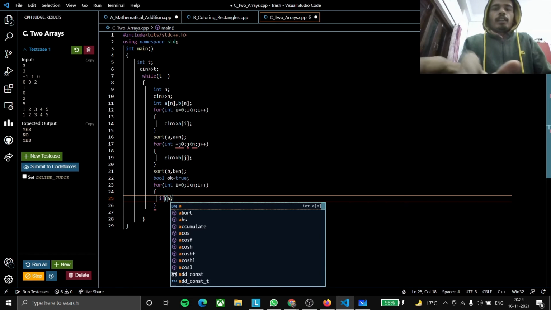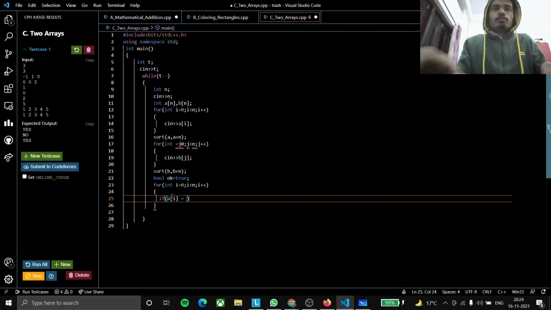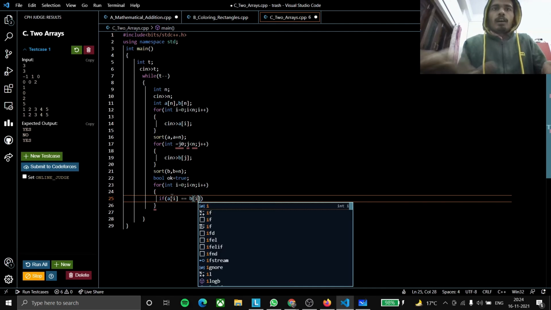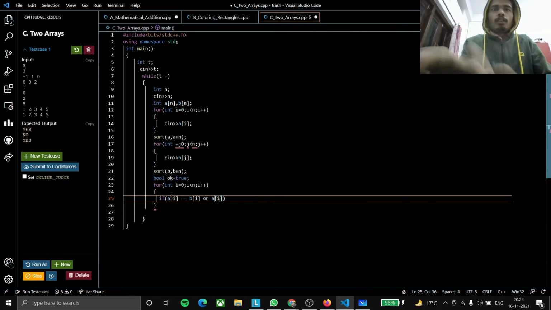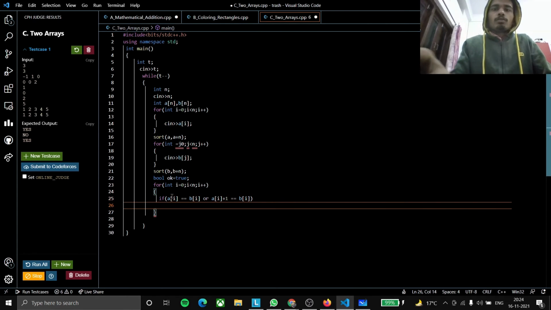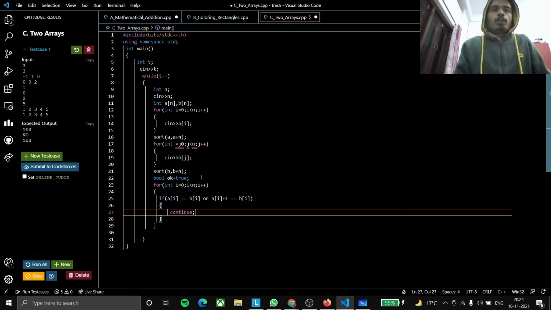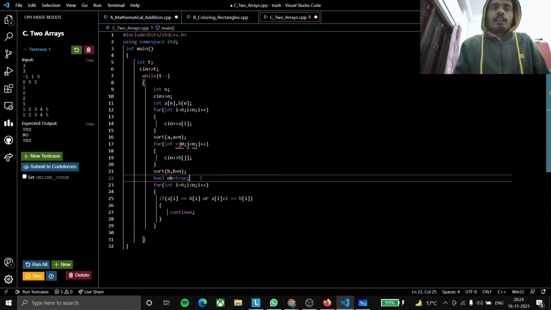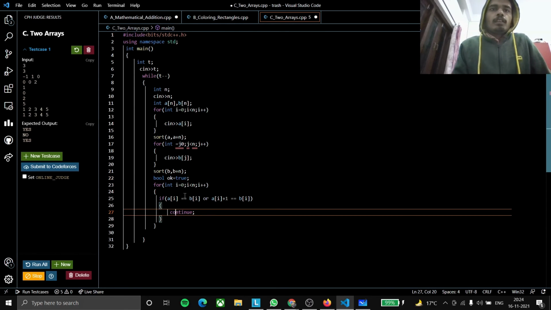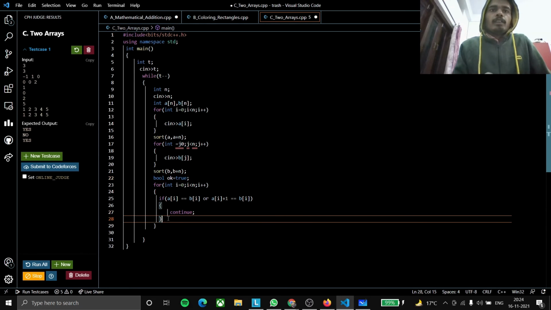So if a of i equals b of i, or a of i plus 1 equals b of i, I can just continue here, because I have initially declared ok equal to true, which means the condition is satisfied.